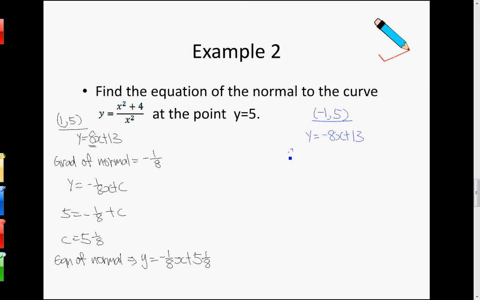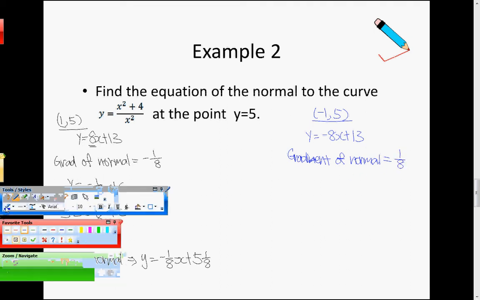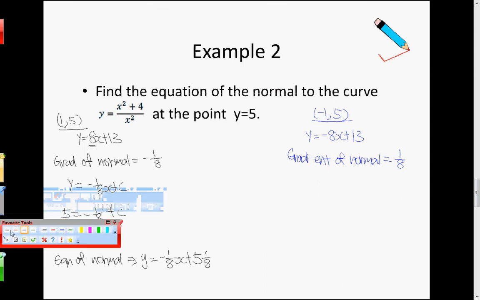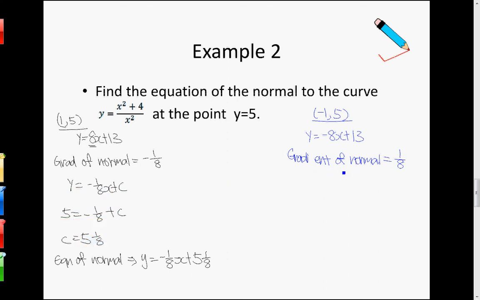So we know that the gradient of the normal would actually just be 1 over 8, the negative reciprocal, right? Let me erase this, it looks very untidy. And then we know that the equation is y equals mx plus c.